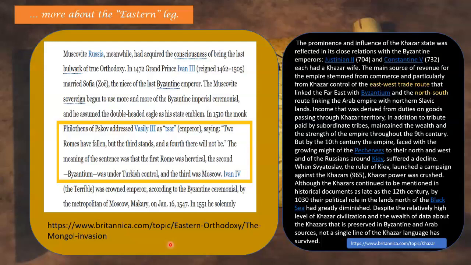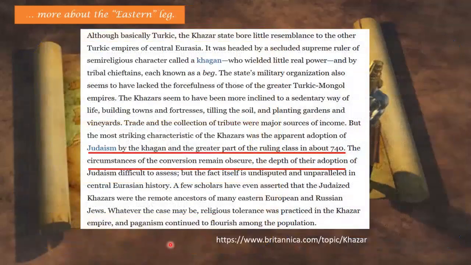Although the Khazars continued to be mentioned in historical documents as late as the 12th century, by 1030, their political role in the lands north of the Black Sea had greatly diminished. Despite the relatively high level of Khazar civilization and the wealth of data about the Khazars that is preserved in Byzantine and Arab sources, not a single line of the Khazar language has survived.